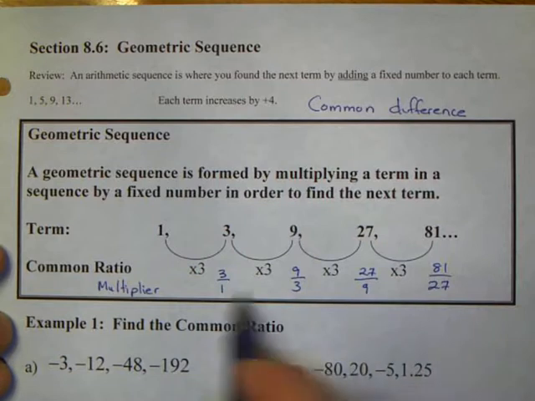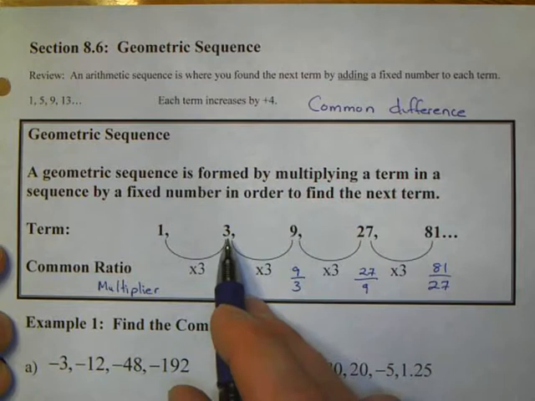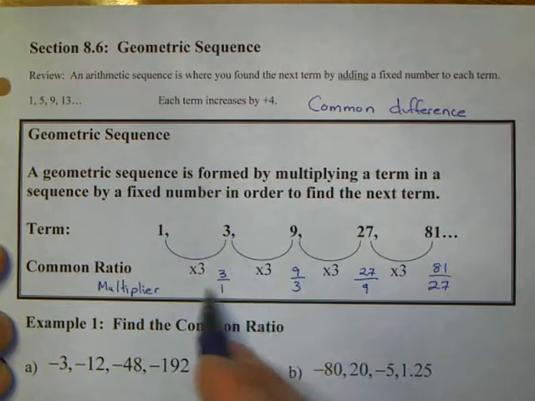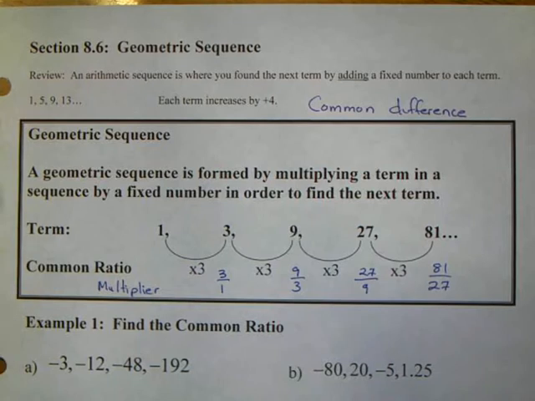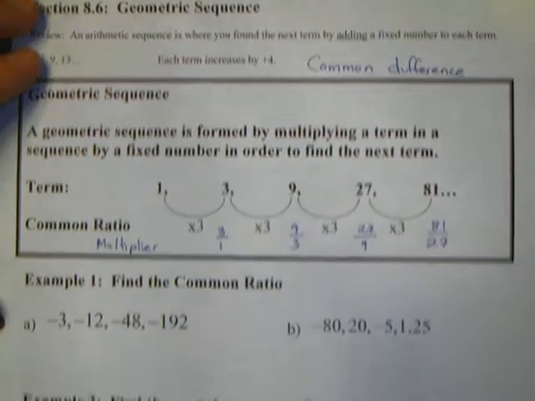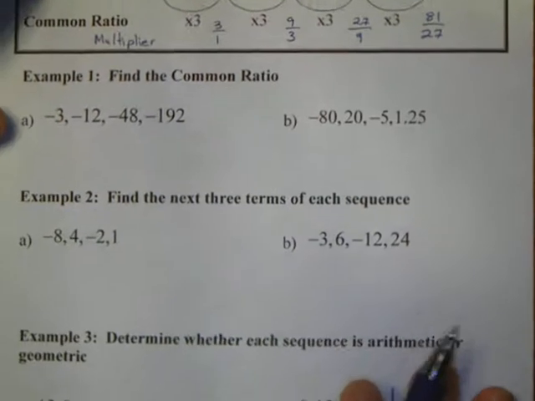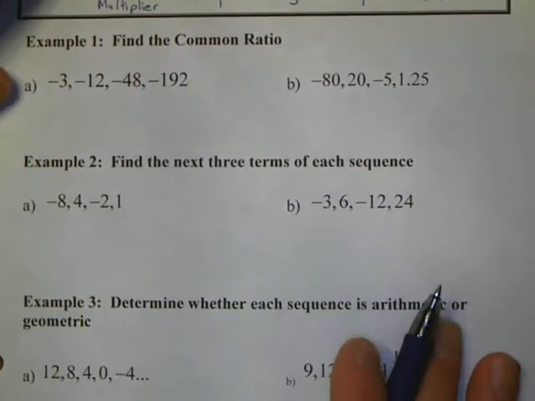So let's look at example 1. In example 1 we're asked just to find that common ratio. Now we're basically told that it is a geometric sequence. So what's negative 12 divided by negative 3? Well, that's 4. Let's check it. Negative 48 divided by negative 12, once again 4.